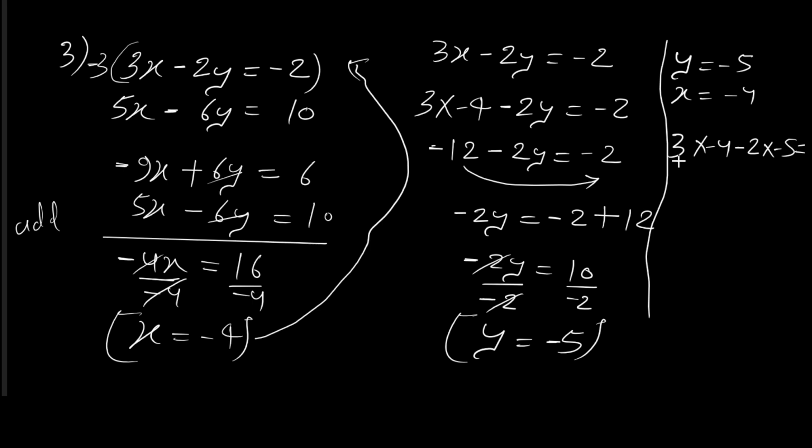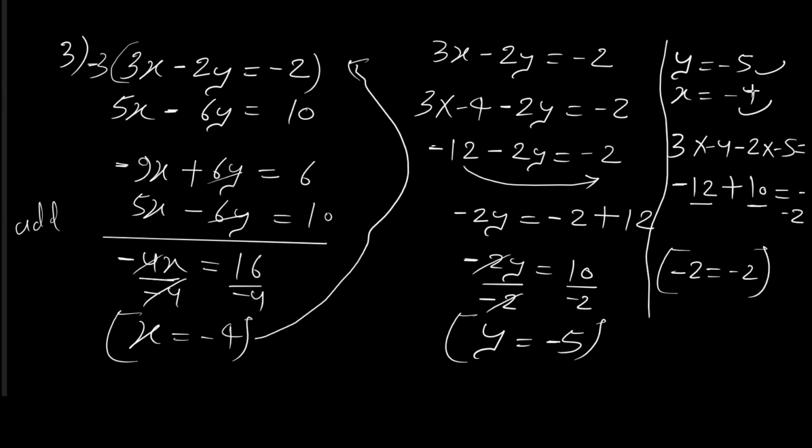So 3 times negative 4 gives us negative 12, and negative 2 times negative 5 gives us positive 10, equals negative 2. So negative 12 plus 10 gives us negative 2 equals negative 2. So this shows that our answer is correct, which is y equals negative 5 and x equals negative 4.